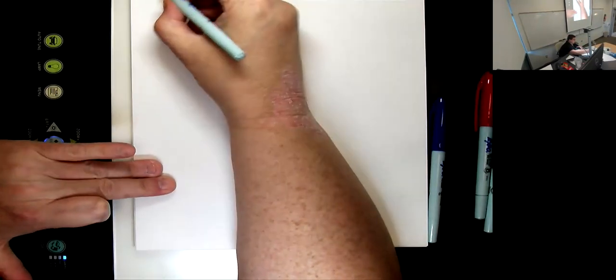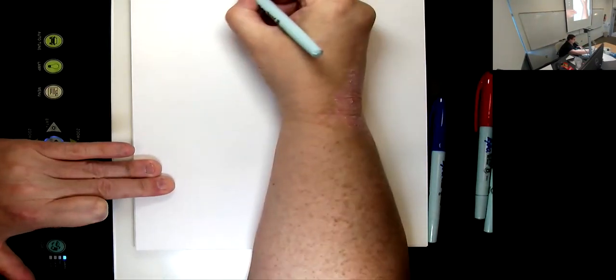I want to make sure we hit some stuff from the 3.1. So, as a reminder, in 3.1, we were graphing polynomials.